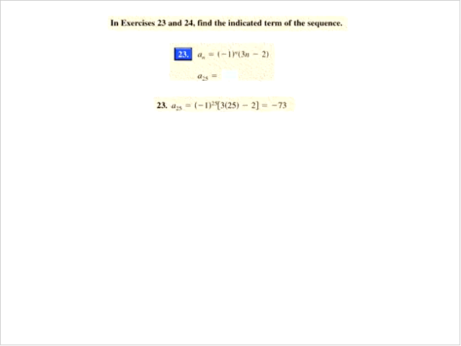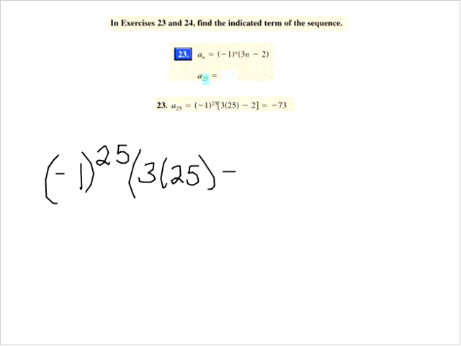Here we're going to find the indicated term of the sequence. So basically you're looking to see what we're going to plug in for n. In this case it's really tiny, but that does say 25. So negative 1 to the 25th power, 3 times 25 minus 2. I'm going to work inside parentheses first. 75 minus 2 is 73.